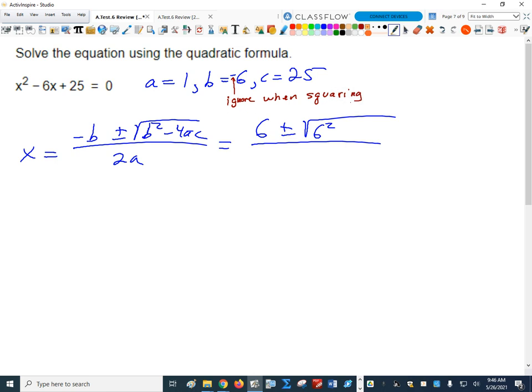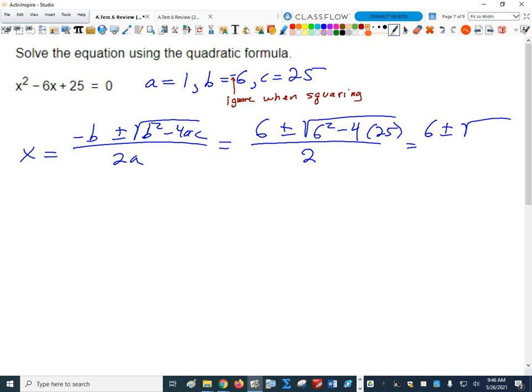Ignore that when squaring. So we get 6 squared minus 4 times 1 times 25, all over 2 times 1. So that's giving us 6 plus or minus the square root of what's going to be in here.